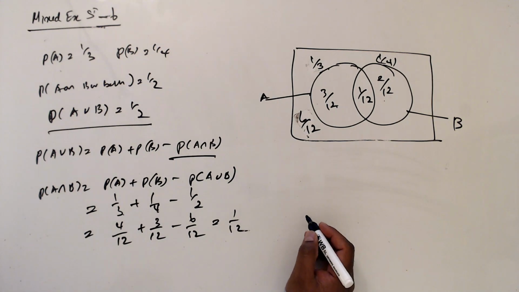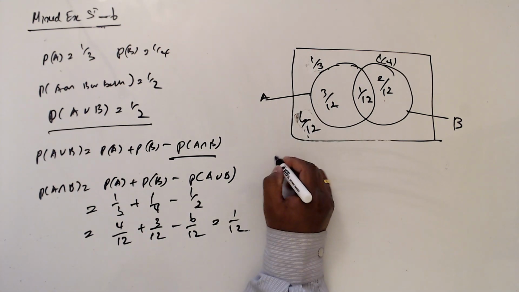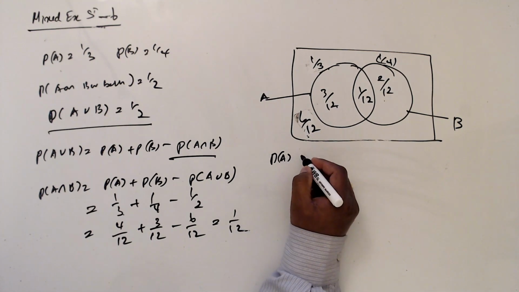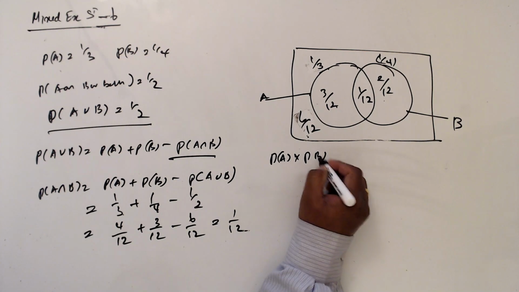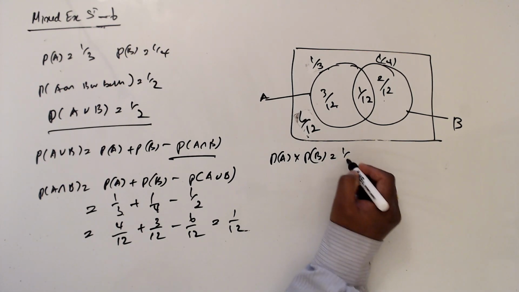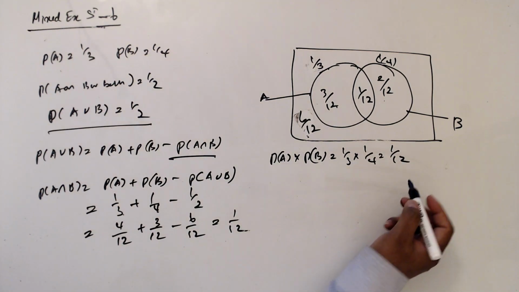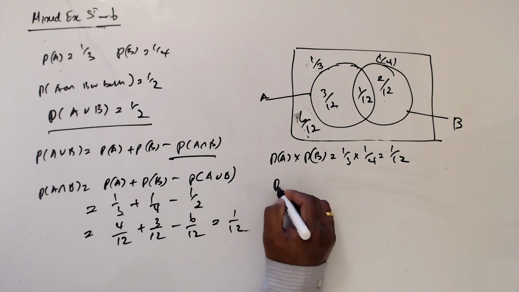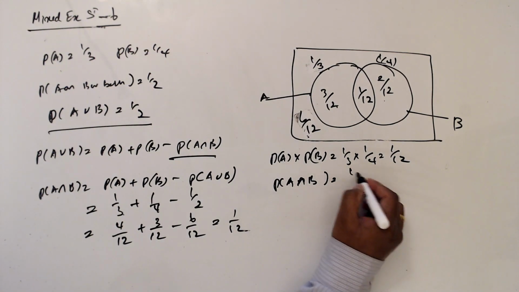Now we want to show that A and B events are independent. So P(A) times P(B) is 1 out of 3 and 1 out of 4, that is 1 out of 12. The P(A intersection B) is 1 out of 12.